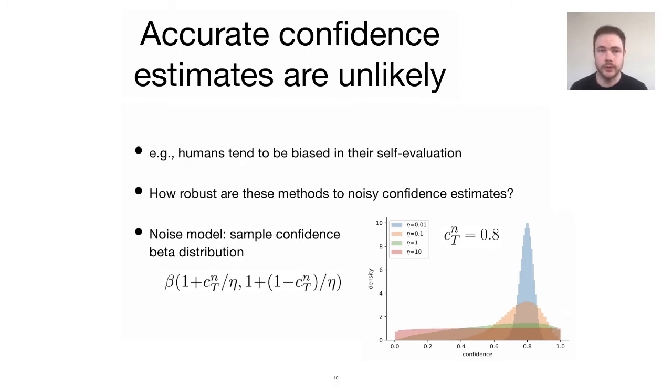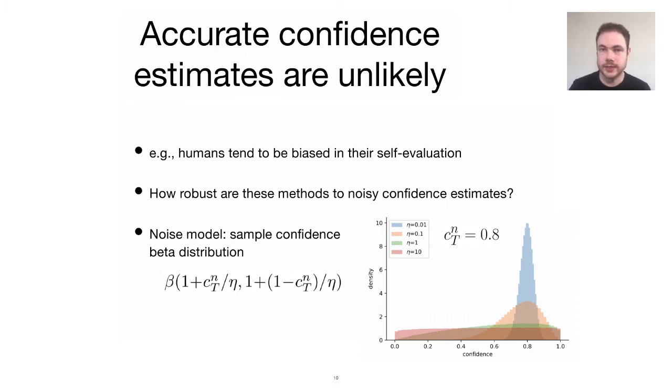So as a follow-up on the previous results, we asked how noise in the confidence estimates affects our methods. Our noise model samples for each expert n a noisy confidence from a beta distribution parameterized by the true confidence of that expert, which is C and T, and a noise level eta.